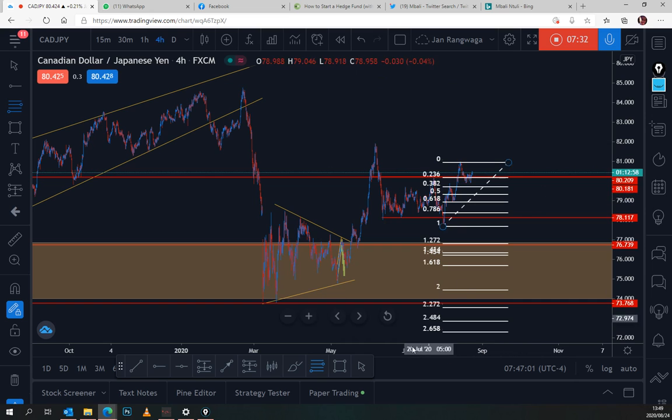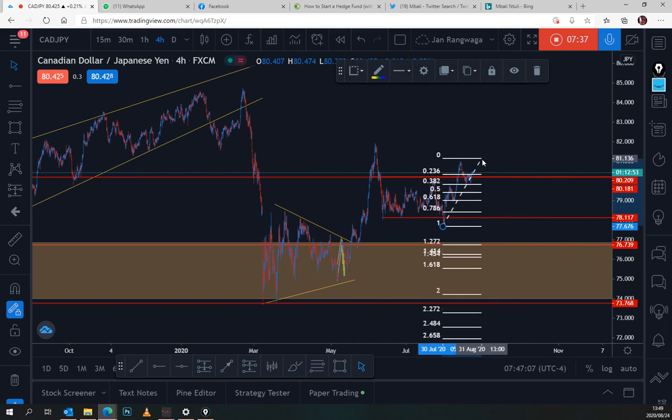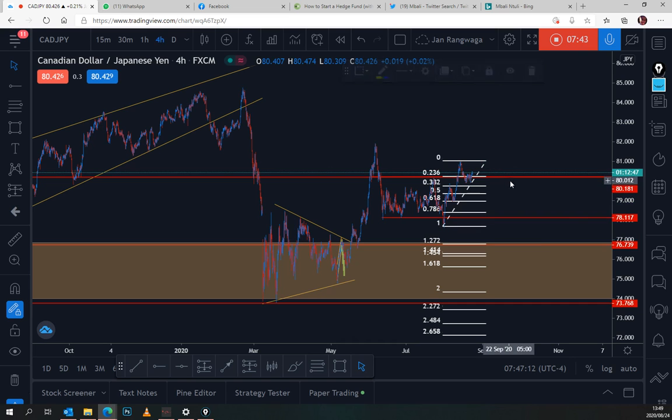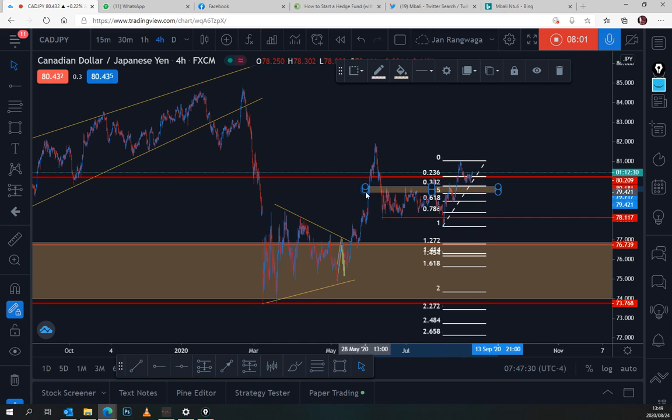We are trying to catch a high liquidity zone. We are seeing it now. This is your high liquidity zone, if you can see it well.